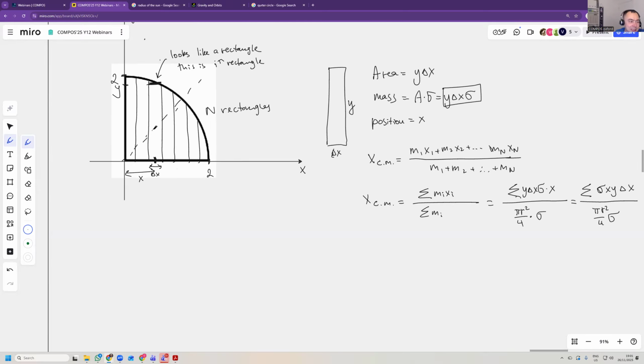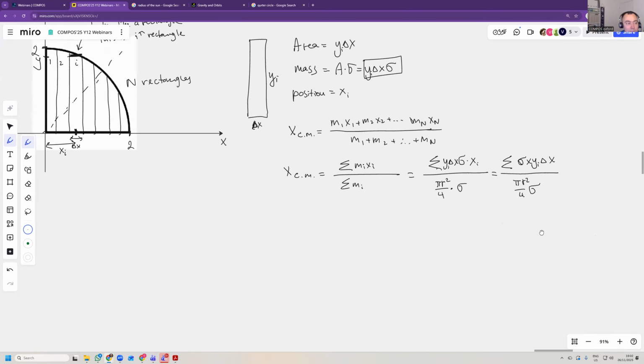So 1, 2, and this is number i. The distance is xi. The height is yi. Delta x, we assume, is fixed. And this is xi yi. Lovely.